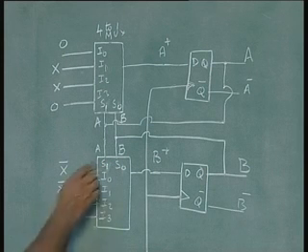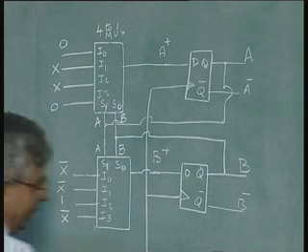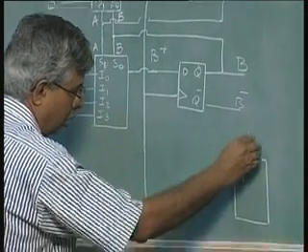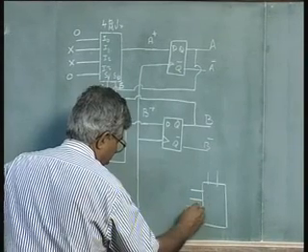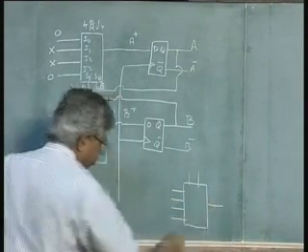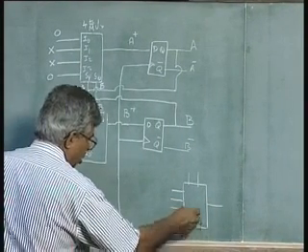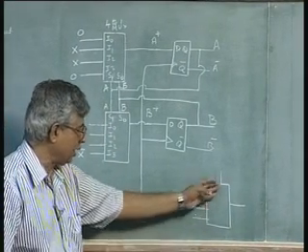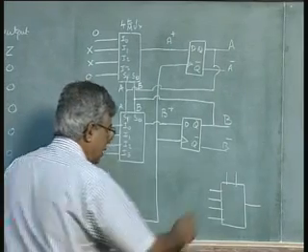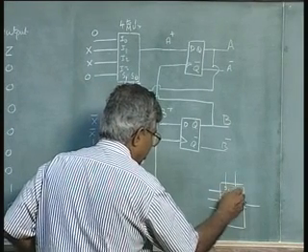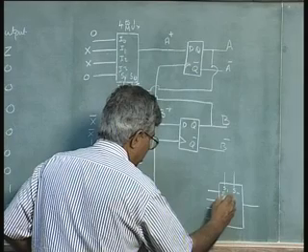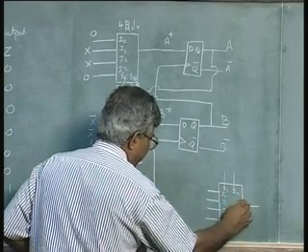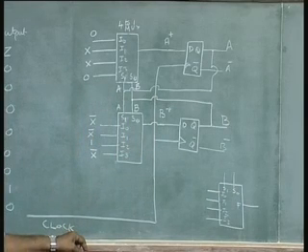Actually, there is no need for this. A multiplexer will be like this. Of course, there will be a power supply. If you leave the power supply out, there are going to be so many pins. These are the input pins, these are selector pins, this is the output pin. We designate these as S1 and S0, I0, I1, I2, and F. These are designations we give for these pins.